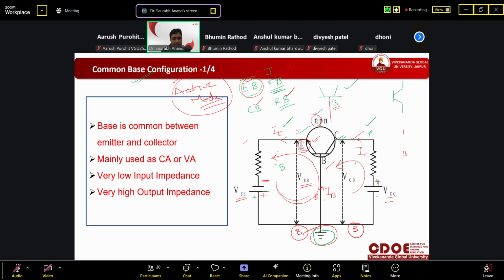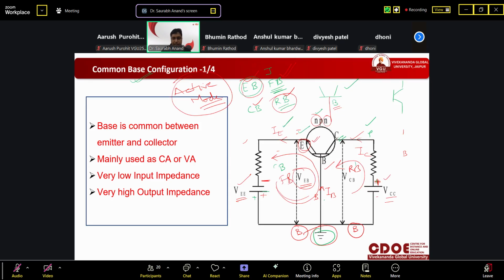So this is making forward bias, and this N type collector is connected with positive. So this battery will make this junction reverse bias. So this is reverse bias, this is forward bias. Got it?